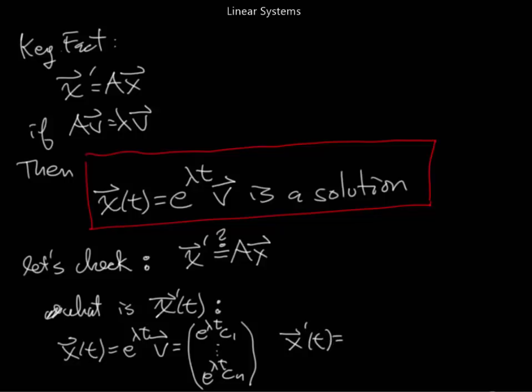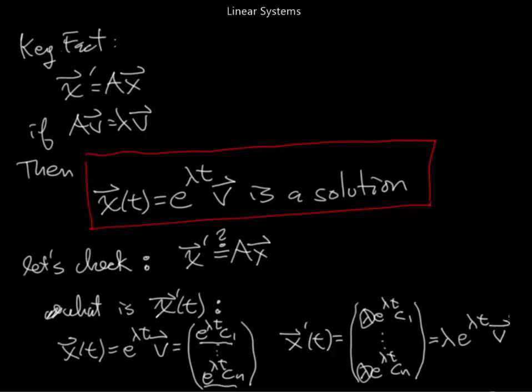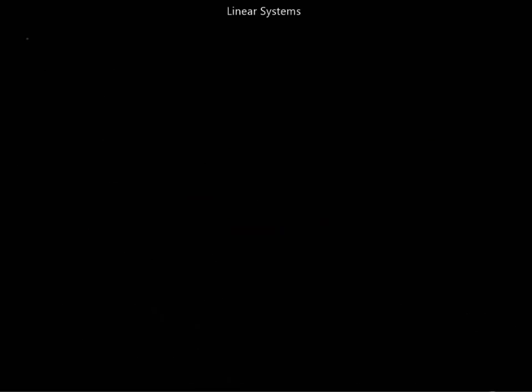So the derivative is, well, you do it one coordinate at a time, and in the first coordinate you pull down a lambda e to the lambda t c1, and in each coordinate you pull down a lambda. And so you can take all of those lambdas and pull them out front, and you get lambda times e to the lambda t c1, and so on and so forth, and you get exactly lambda e to the lambda t times v.